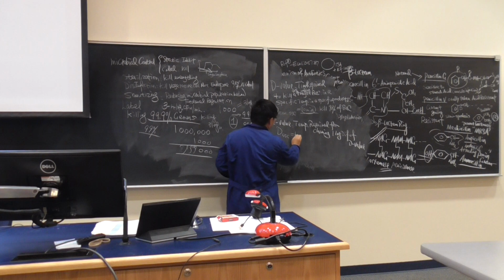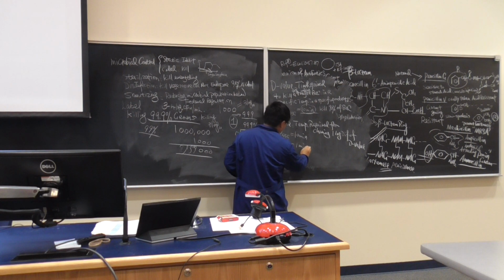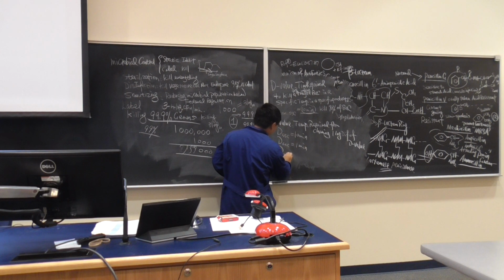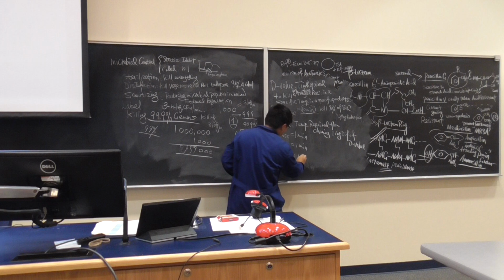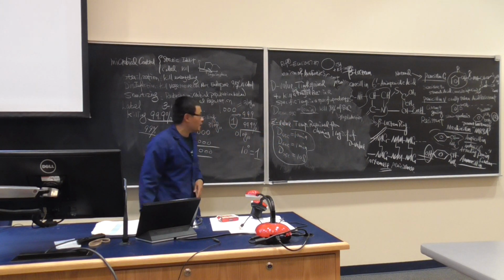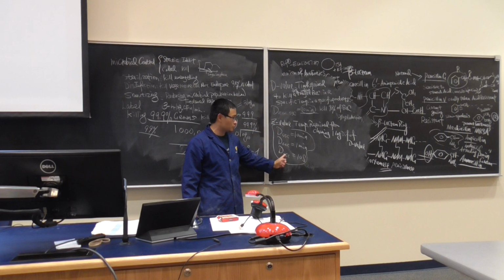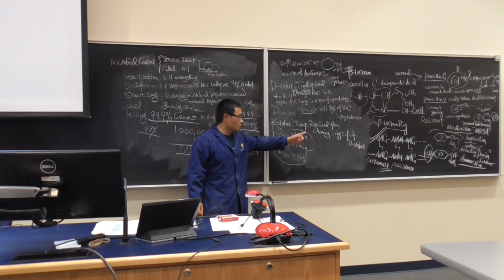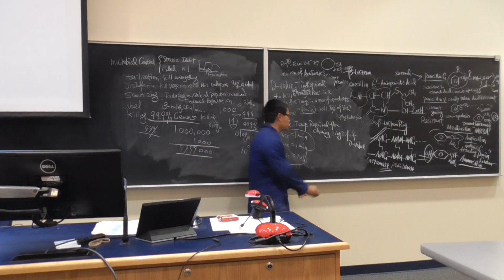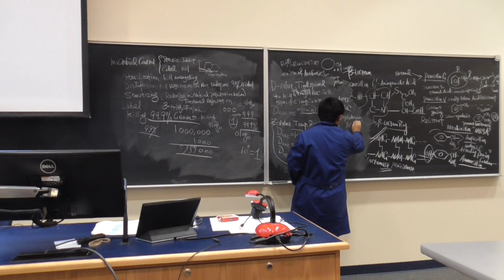D55C maybe equals 10 minutes. D62C maybe equals 1 minute. And if you have a D75C, maybe only 10 seconds. Based on this information, you could calculate the z-value, which is the temperature change that causes a 1 log change of the D-value. 1 log change means a 90% change of the D-value.